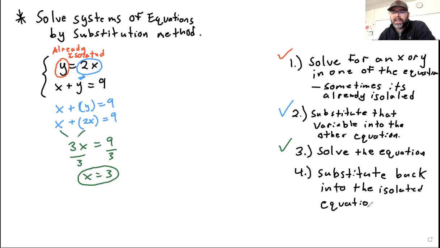You can substitute it into any of the equations, but it's easiest to plug it back into your substituted equation. It's less work. So let's do that. We're going to take x equals 3, and we're going to substitute it in for x. And that's going to tell us what y is.